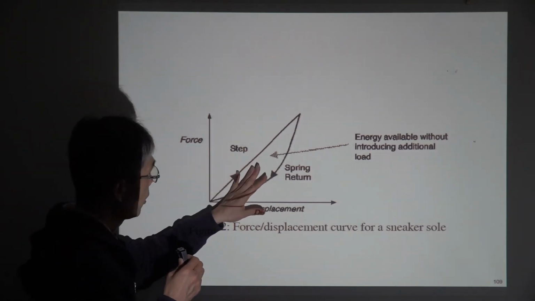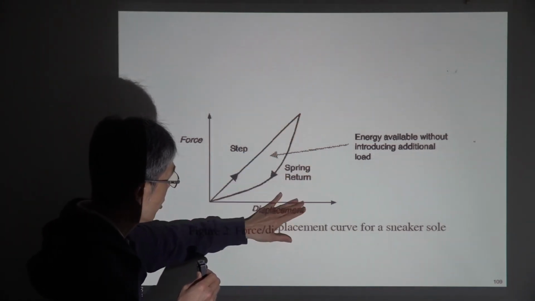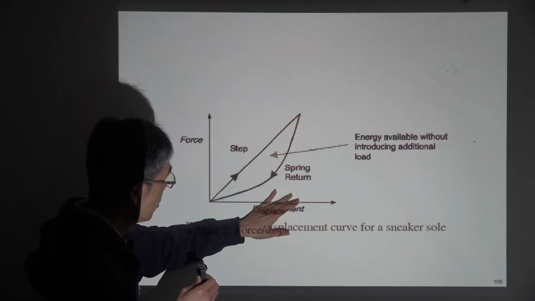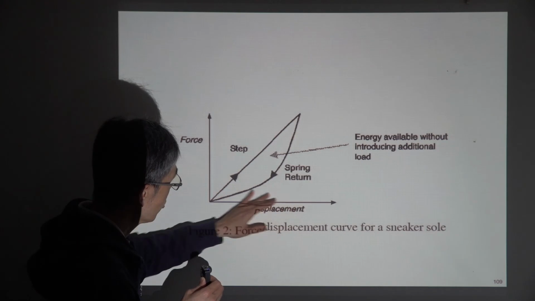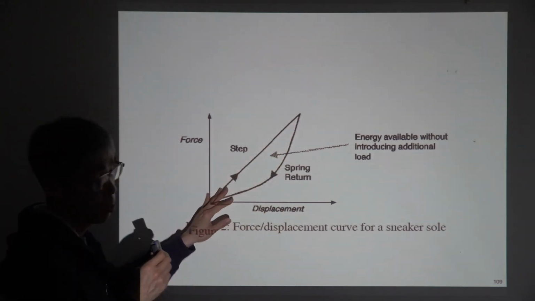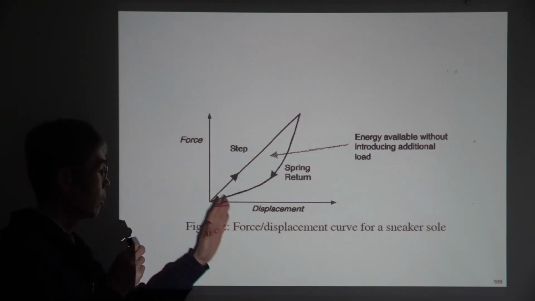So the energy stored in the system is this triangle area, and the energy returned to the system is the arc and the two straight lines enclosed area. So we have this amount of energy stored in the system for this type of FD curve.